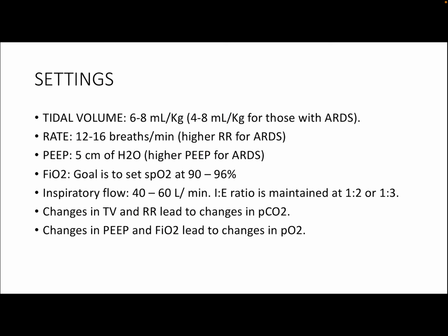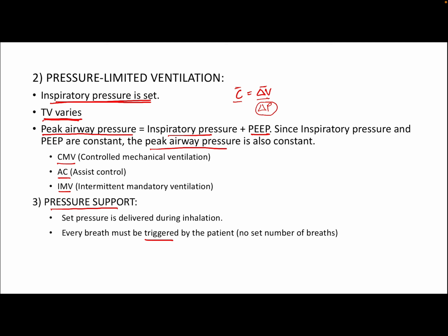Now before we move on to settings, I would like to mention that there are a few factors that would influence the mode of ventilation that we choose. For example, the mode that we usually use in an ICU is volume or pressure limited, and usually it would be in the AC mode.